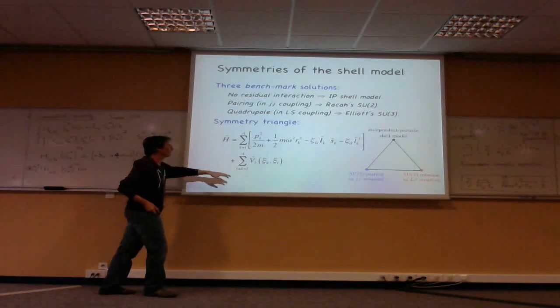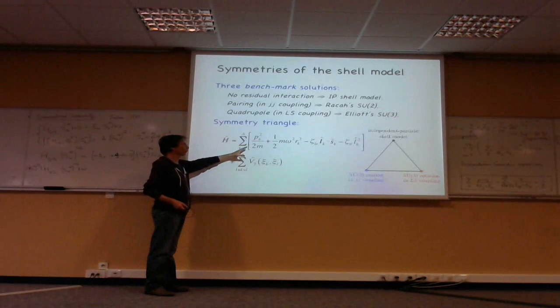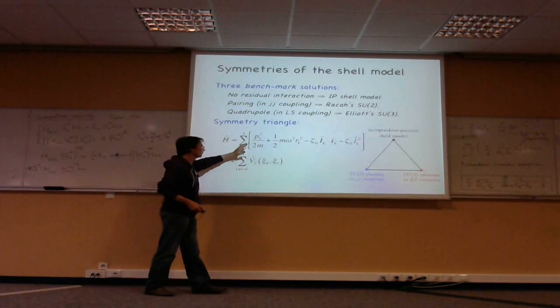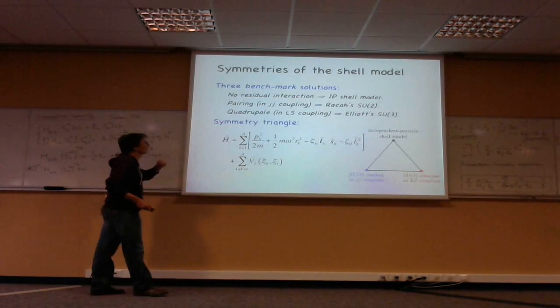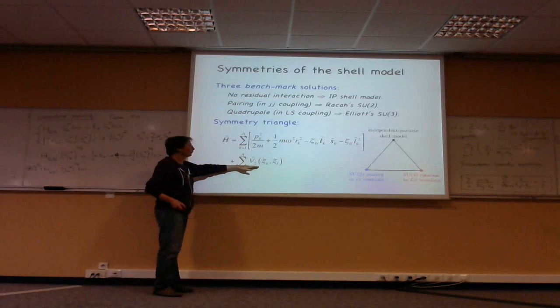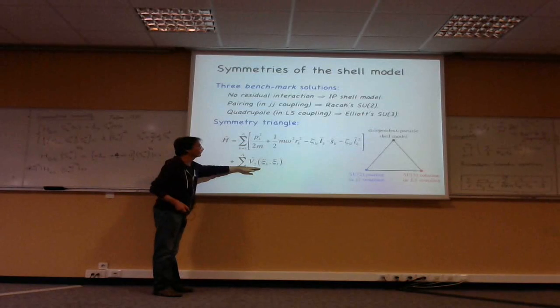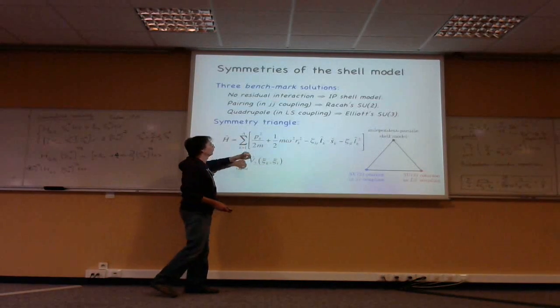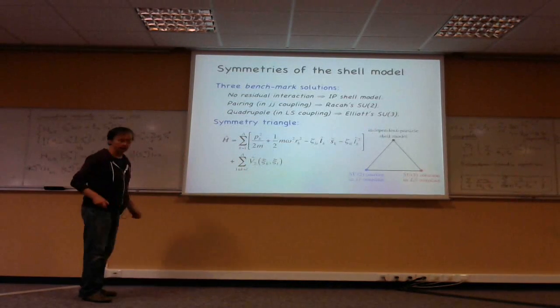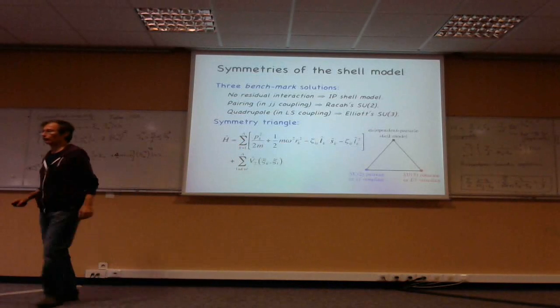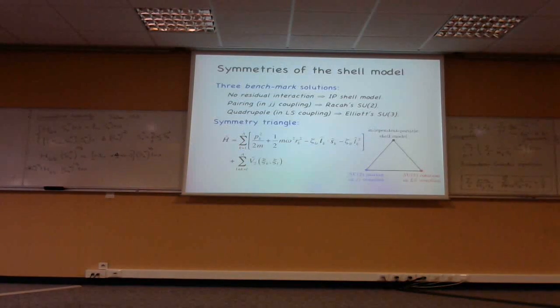Then I discussed a little bit if this two-body interaction is the pairing interaction in a single J shell, many J shells. Right? So now I will come to when this two-body interaction is a quadrupole interaction, and how you can find analytic solutions in that case.